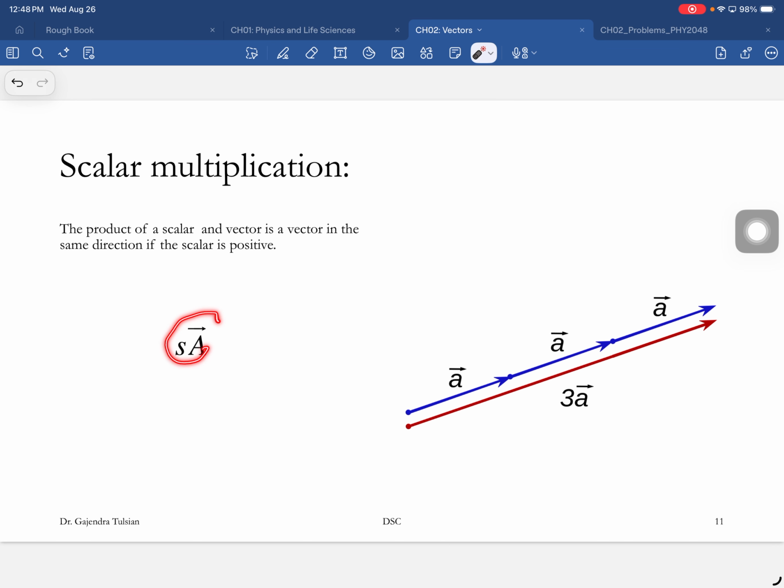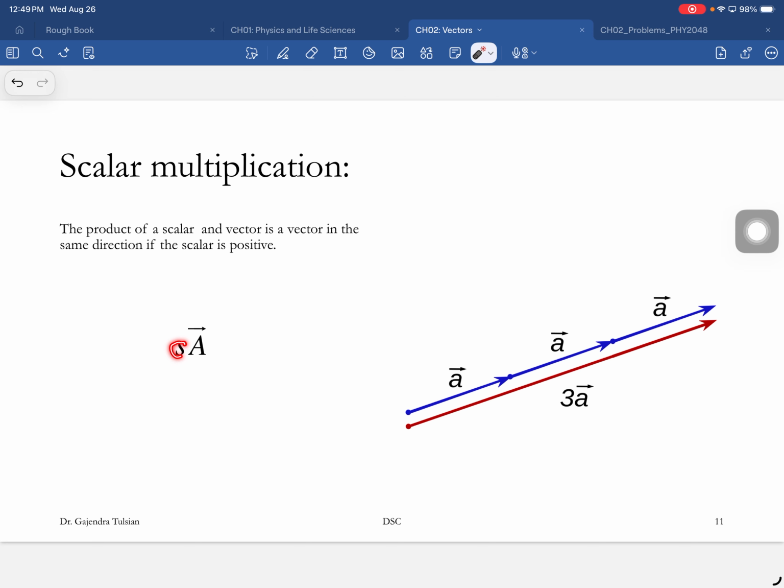We've already done this. What does it say? Scalar multiplication. What do you think that means? You're multiplying a vector by a scalar. So if this number is greater than 1, then you're making the vector bigger.